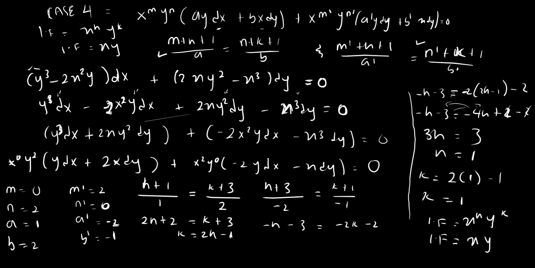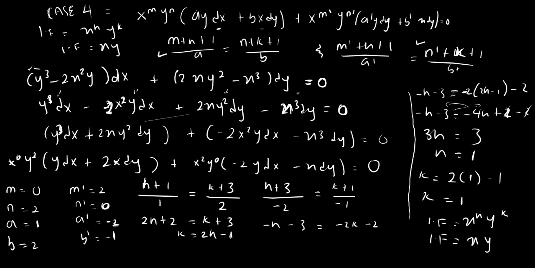Then after factorizing, you make it to be in the form x to the power of m, y to the power of n, in bracket a y dx plus b x dy, plus x to the power of m prime, y to the power of n prime, in bracket a prime y dx plus b prime x dy, equal to 0.